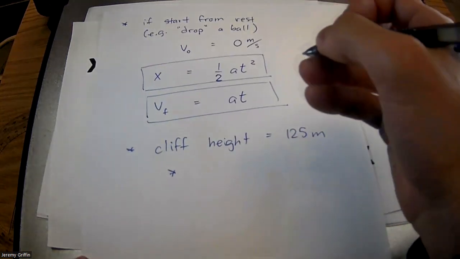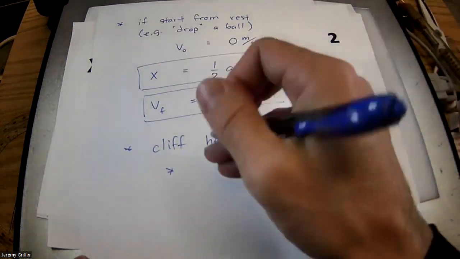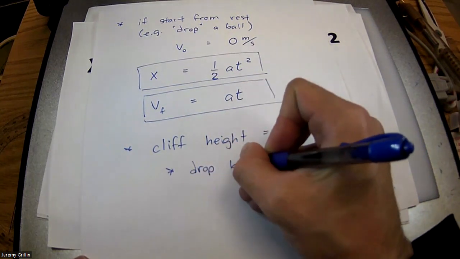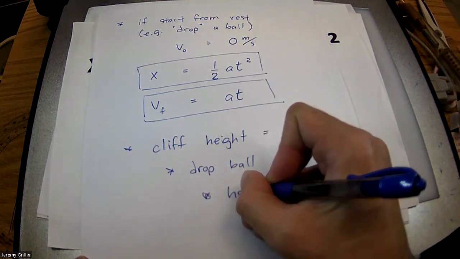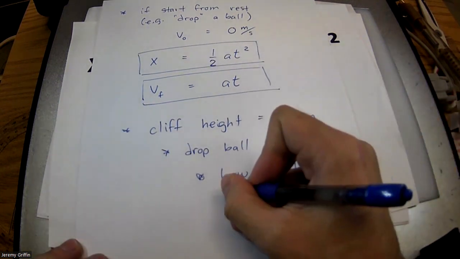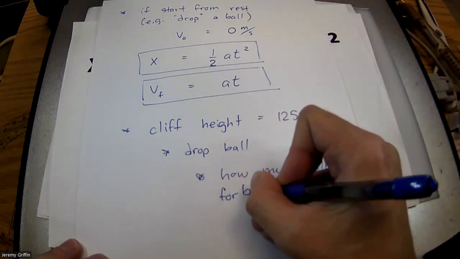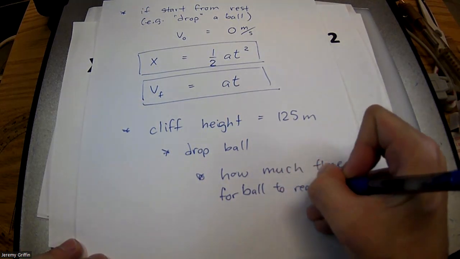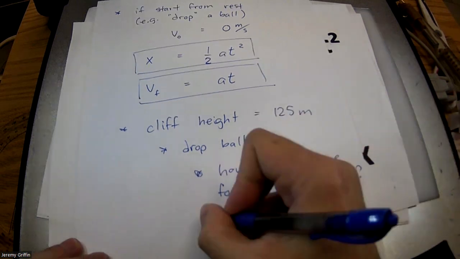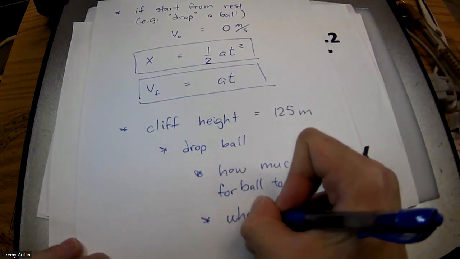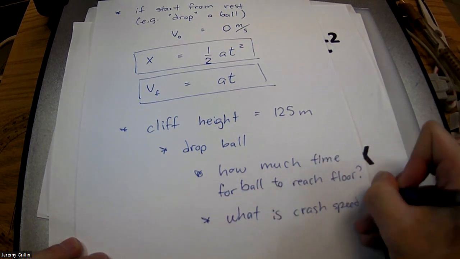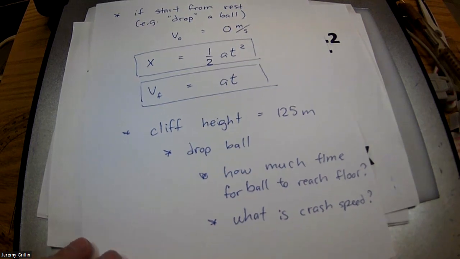So if you drop a ball, how much time for the ball to reach the ground? Let's say the valley floor. And the other question is, what is the crash speed? Like, how fast is that ball crashing into the valley below?